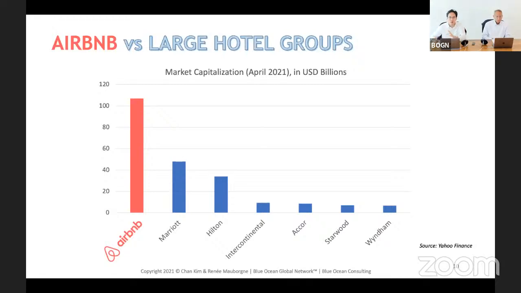And in fact, if you put Marriott and Hilton together, I don't think it even equals Airbnb's market capitalization as of this month. The market has valued it at somewhere around $107 billion in USD. So the rise of Airbnb, taking on a perspective that was different from what the traditional hotel groups took, has been incredible.